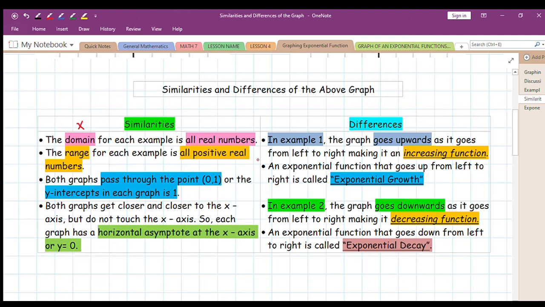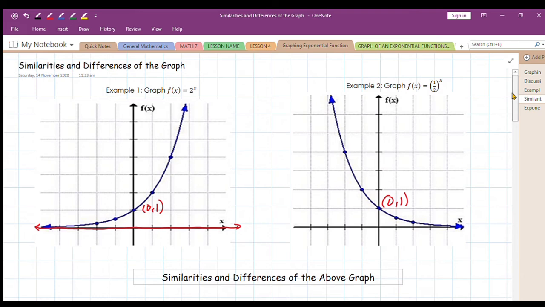Now, what are the differences between the two? As you can see in our example 1, the graph goes upward as it goes from left to right, making it an increasing function. You can see it moves upward from left to right.